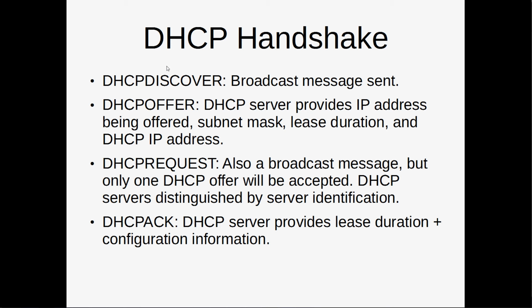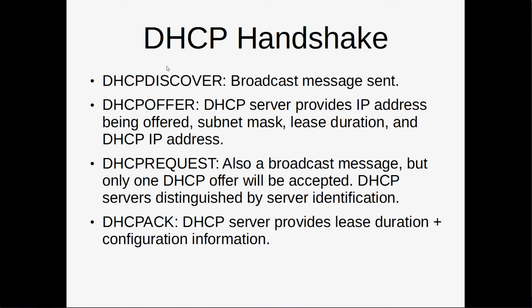And in the next step, we have DHCP Request. The DHCP offer is done by the DHCP server. The DHCP request is done by the node requesting an address again, and it's also a broadcast message, but only one DHCP offer of the one or more offers that were made will be accepted.